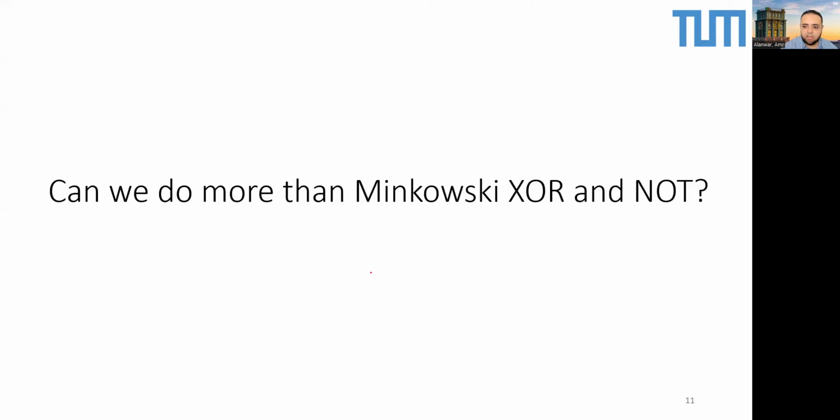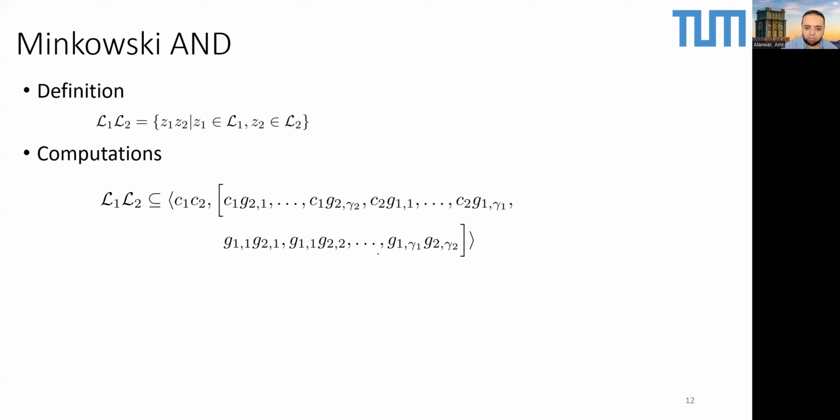Until now, we have done XOR and NOT, but can we do more than Minkowski XOR and NOT? The answer is yes, with a computation complexity. So we can also do Minkowski AND. However, the AND is over-approximated, which means if I have the exact value 0, 1, 1, 1, we might add a value 1, 0 as well.